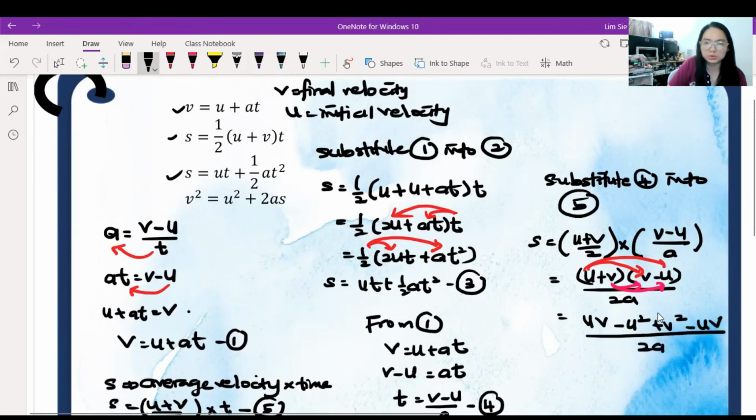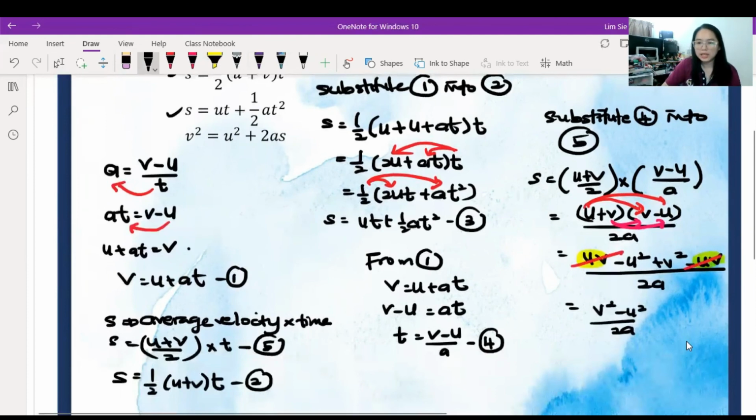You see here, UV and negative UV, I can get rid of both of them. So I cut them out, then I get V squared minus U squared over 2A. I rearrange between V and U. Then I bring this 2A to the left side. When I bring it to the left side, it's multiplied.